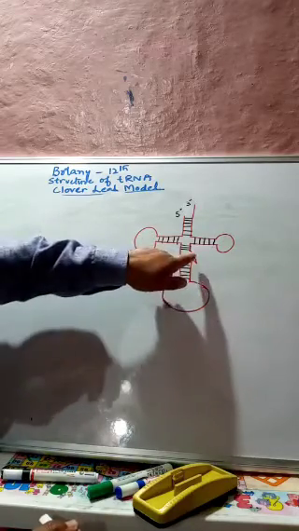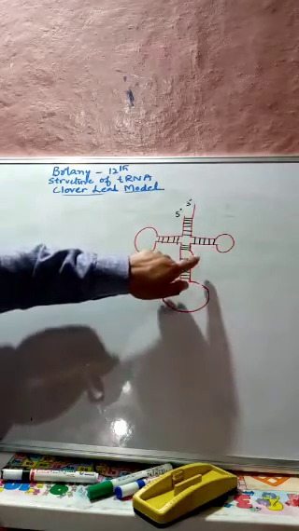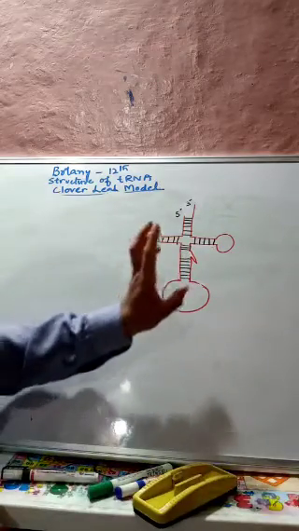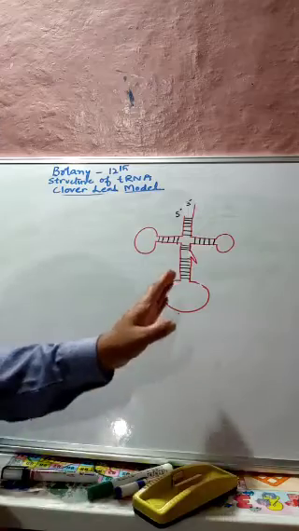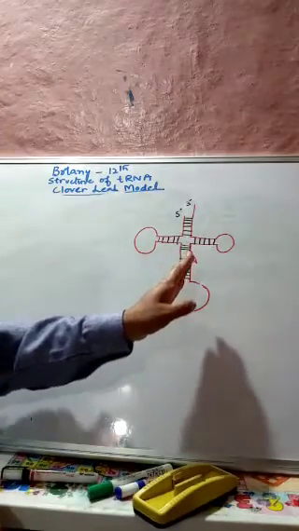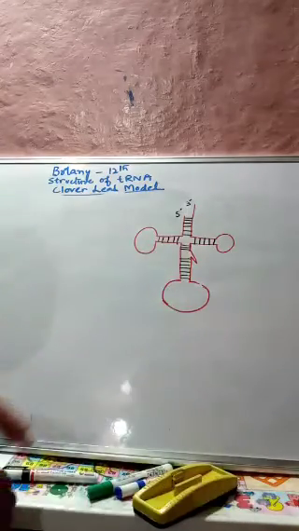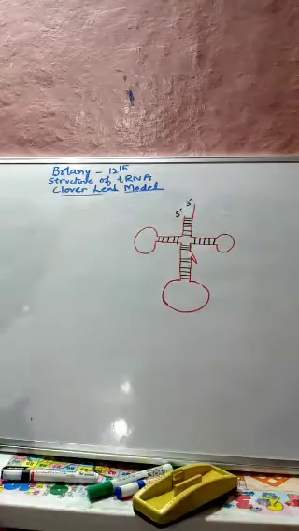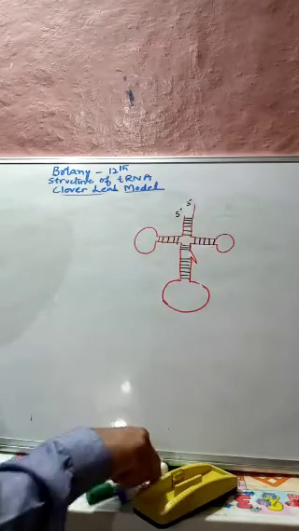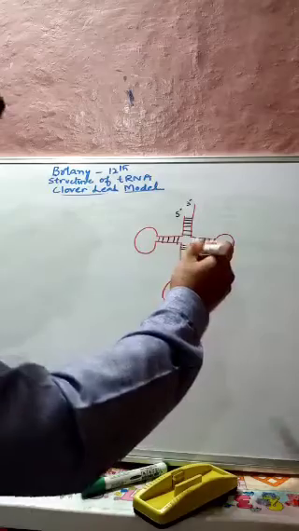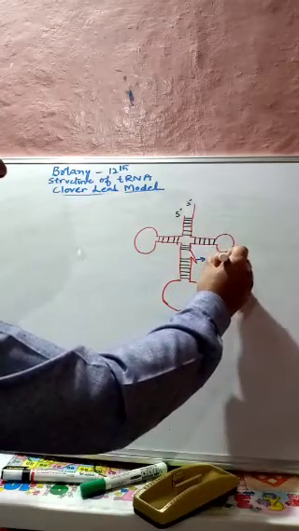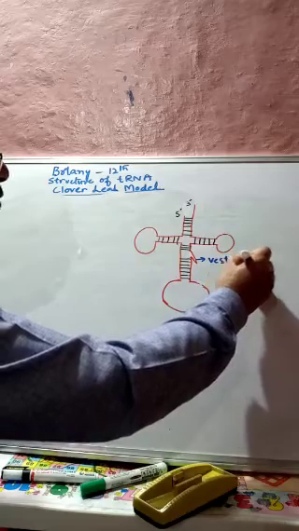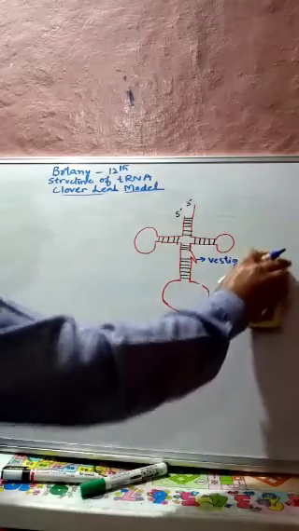But this one is not too important, because it has a small projection here which is considered to be what we call a vestigial arm, and it is a variable arm. It is considered vestigial, that is, of no importance to this tRNA.